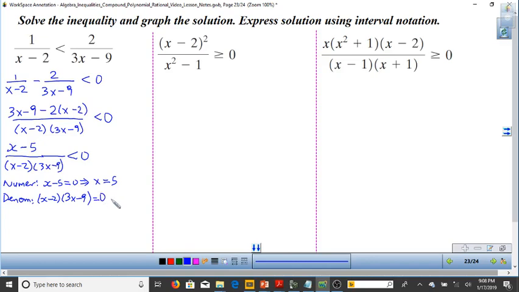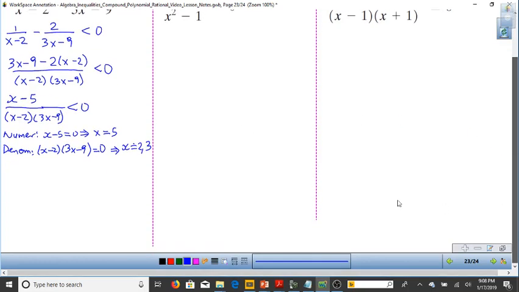And those give me 2 and 3. 2 for the first one and 3 for the second one. Now, using my markers, I'm going to put them on the number line here.